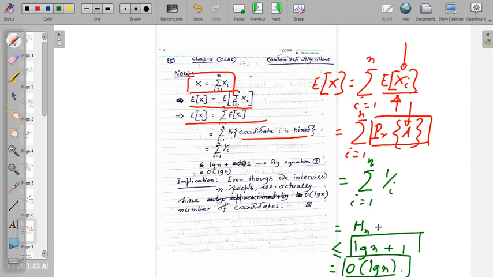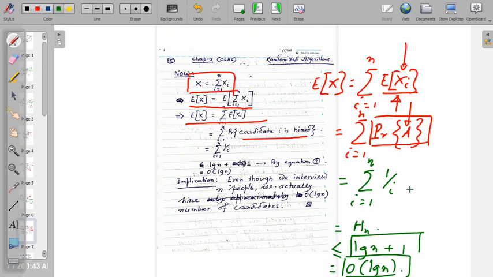Better interpretation means, 4 times log n, if the log n is say 4, then 4 times log n is 16. But if I am writing log n plus 1, then it will be 4 plus 1, 5. So I am seeing that the number of hirings for n number of interviews, say n equals 16, in that case is becoming 5.